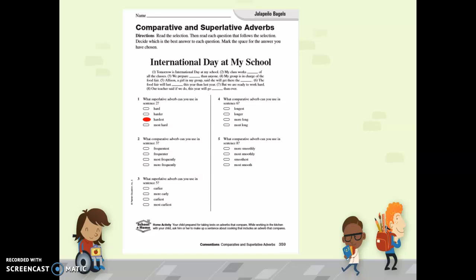Number 2. What comparative adverb can you use in sentence 3? We prepare than anyone. We are comparing with more than 2. So, most frequently.